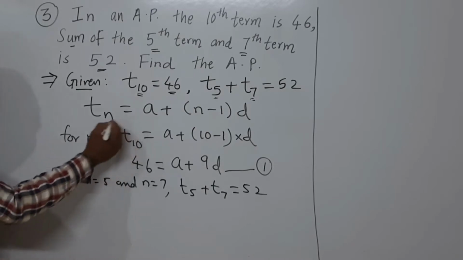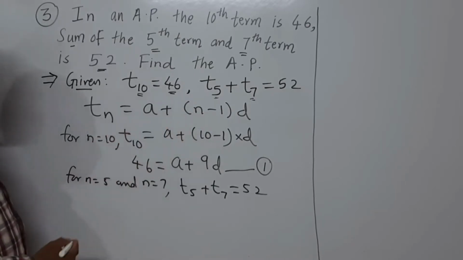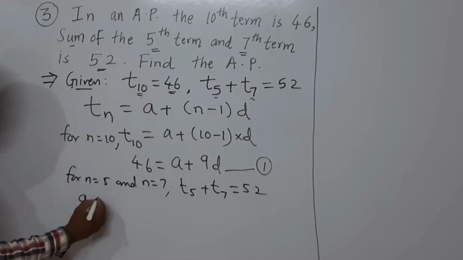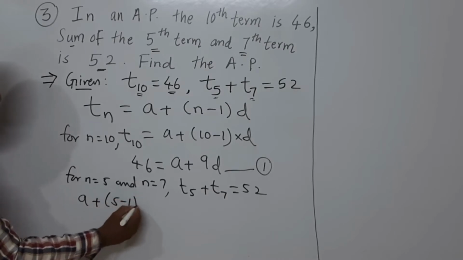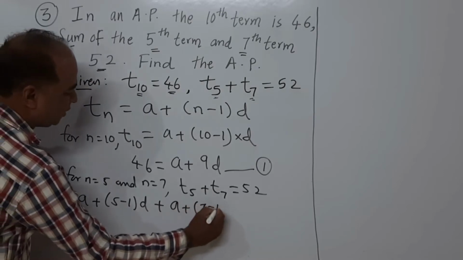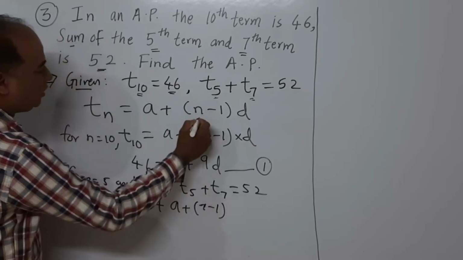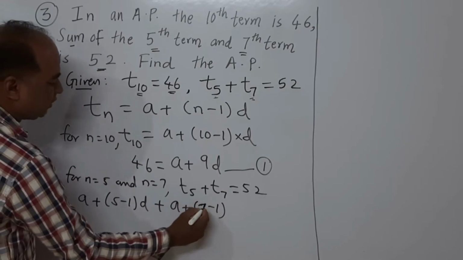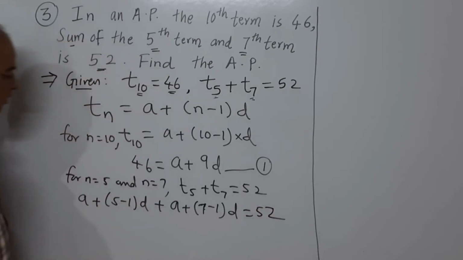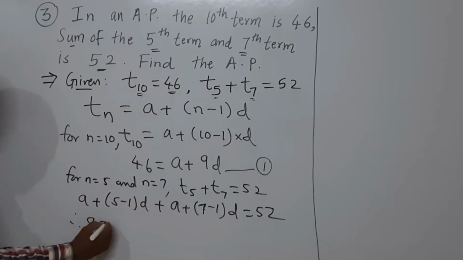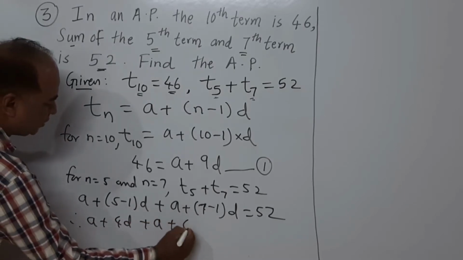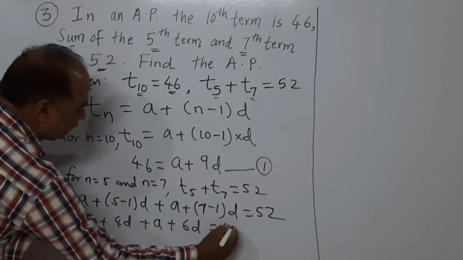Therefore, substituting in Tn is equal to A plus n minus 1 into D, for n is equal to 5, we get A plus 5 minus 1 into D, plus A plus 7 minus 1 for n is equal to 7, into D, which is equal to 52. Therefore, we get A plus 4D plus A plus 6D is equal to 52.